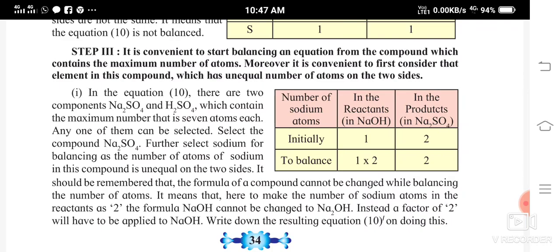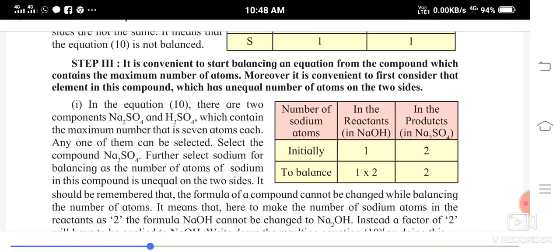You can select either sodium sulfate or sulfuric acid. So let us select sodium sulfate, Na2SO4.